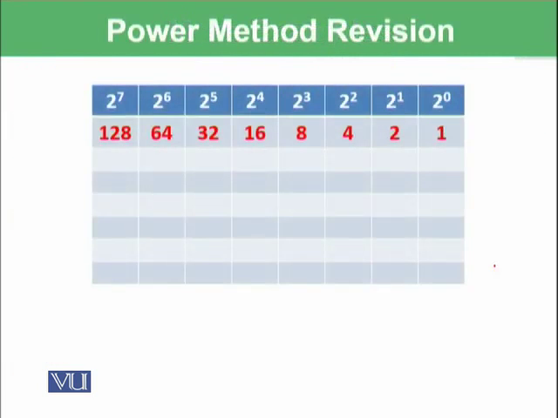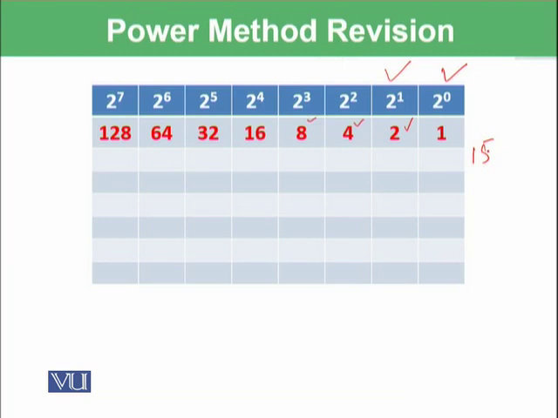There is another method known as the power method, which you learned somewhere at the start of the course. We are going to revise this power method with a number of examples. For example, you want to display 15. The easiest method, without dividing every number starting from 15, is to see that the positions represent 2 raised to power 0, which is 1, 2 raised to power 1, which is 2, 2 raised to power 2, which is 4, then 8, 16, 32, and so on.